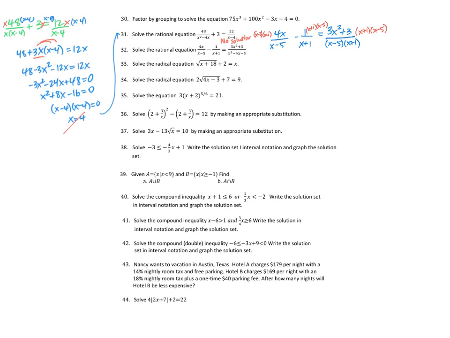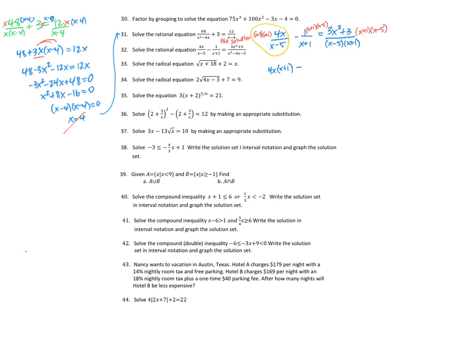And so if I look at this first term here, I can see that I have an x minus 5 on top and on bottom. So that will reduce. So I'll have 4x times x plus 1.